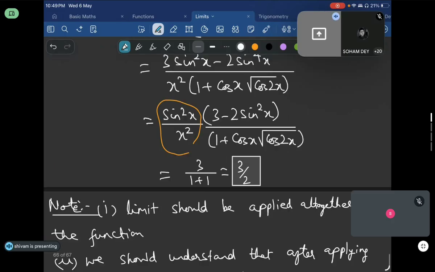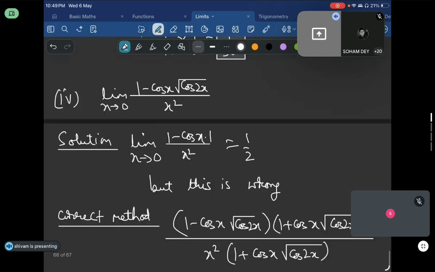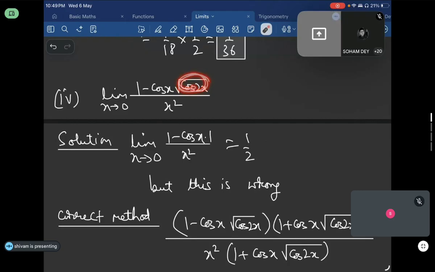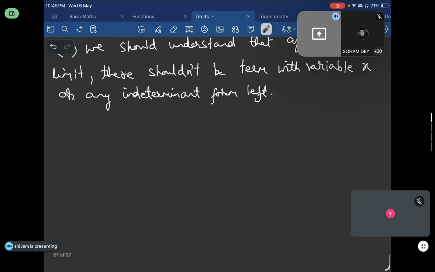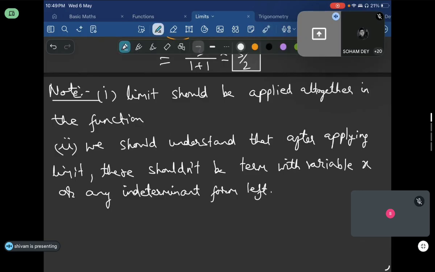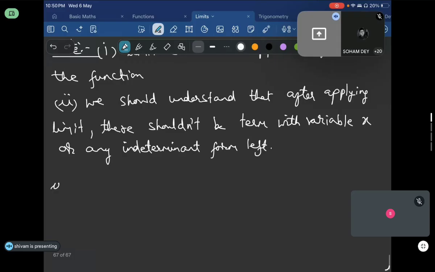Like for example, over here you see after applying limit only to root over cos 2x, an indeterminate form was still left. So whenever you are applying the limit, there shouldn't be any term with variable x. Okay. I'll show you another example why this is wrong.